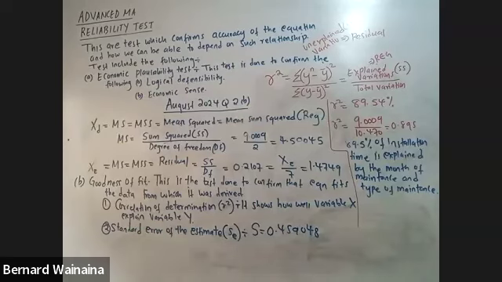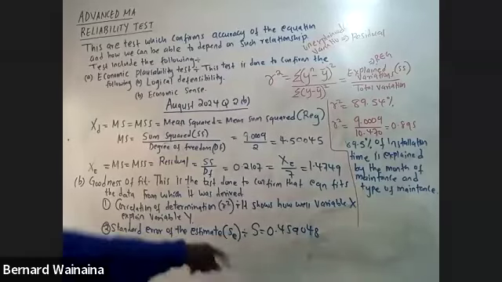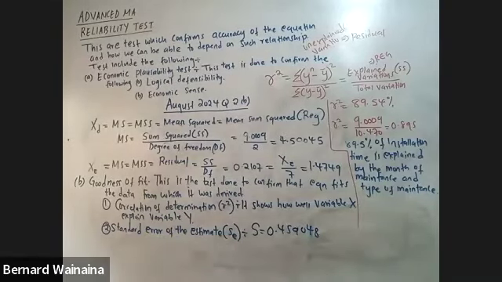Now let us define what is the standard error of the estimate before we talk about that figure we have been given. Let us write the standard error of the estimate, which is SE. It shows us the amount of error you can make after relying on the model to predict.